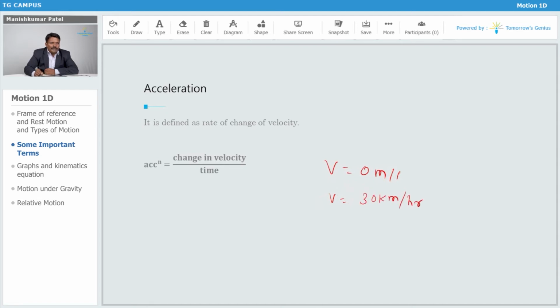Now what is its acceleration? Acceleration is nothing but the change in velocity, that is final minus initial, upon time. That is how we can calculate the acceleration.